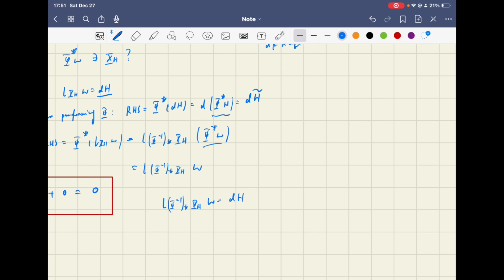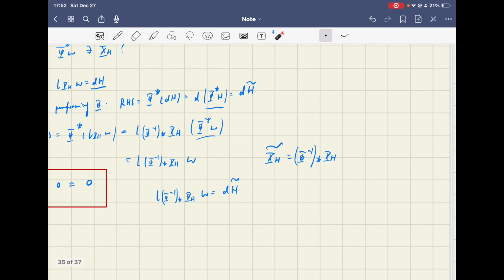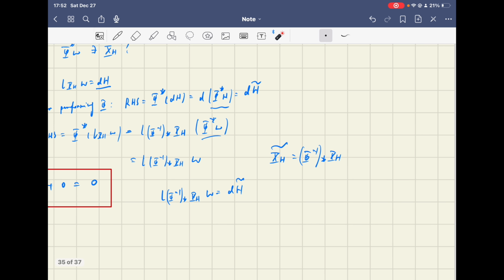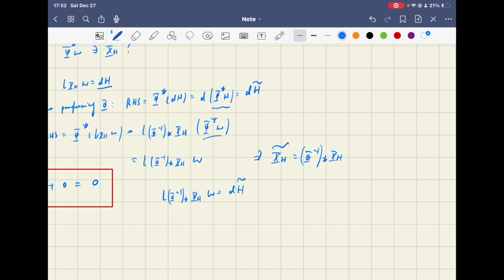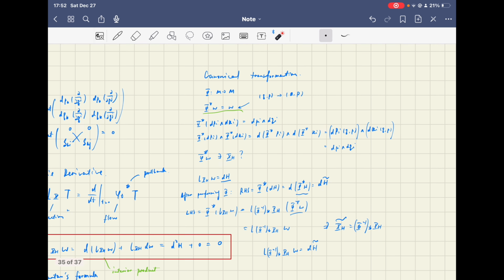So you could see that the new Hamiltonian vector field, let's write it as X_H tilde, since the form of the equation is preserved, is still the same form as this original equation. So the new Hamiltonian field will look like this, and from this you could see that it is simply the push forward of the inverse of phi, so the algebraic structure of the Hamiltonian vector field will be preserved. So yeah, that's what canonical transformation does.